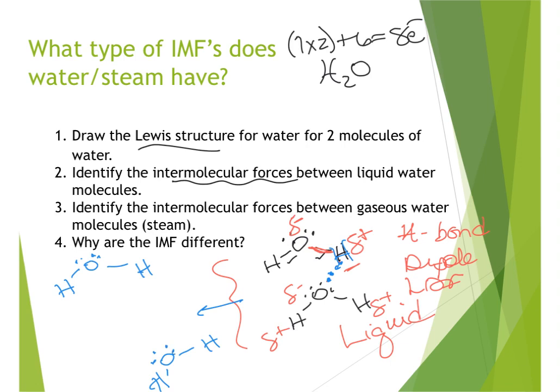So in a gas, the molecules are farther apart, and they may still experience some attraction, but it's going to be a whole lot weaker. And as a matter of fact, it's pretty safe to assume that gases have minimal to even zero intermolecular forces because they're so far apart.